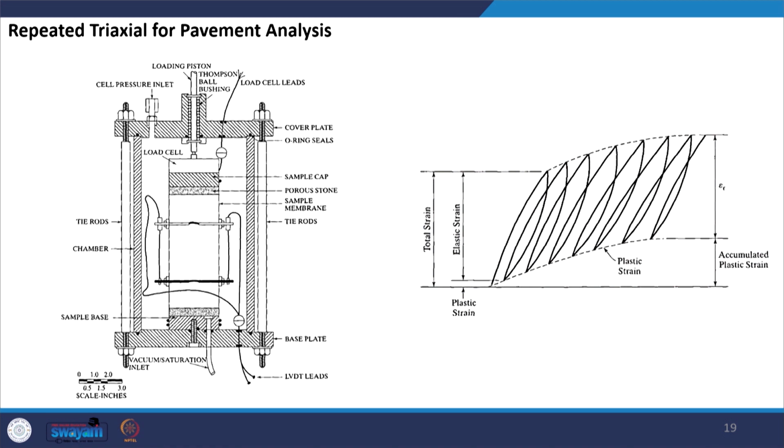The same concept will also be covered when we discuss aggregates in further modules, but just to tell you, here we are interested in assessing the value of resilient modulus, because it is used in pavement design and the subsequent analysis, which is based on linear elastic theory.